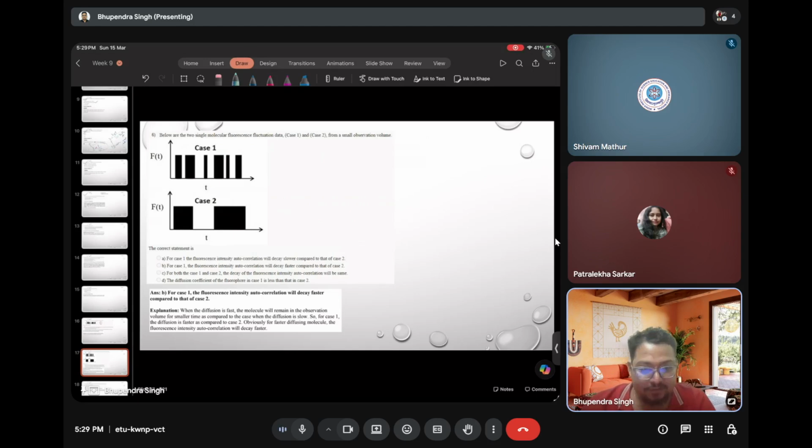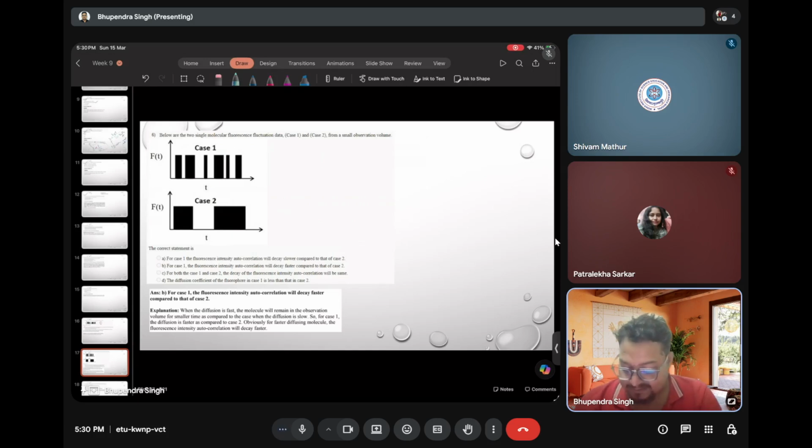Okay. After a lot of gyan, let's move on to question number 6. The question is: below are two single molecule fluorescence fluctuation data, case 1 and case 2, from a small observation volume.